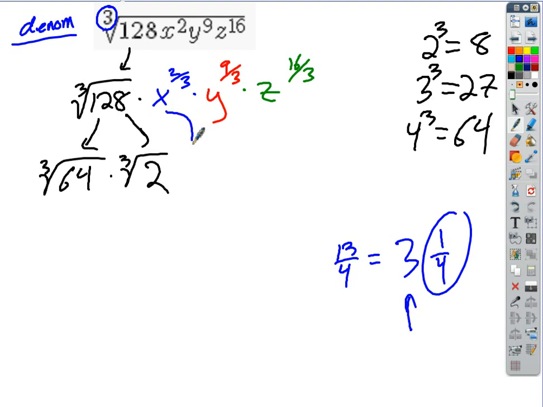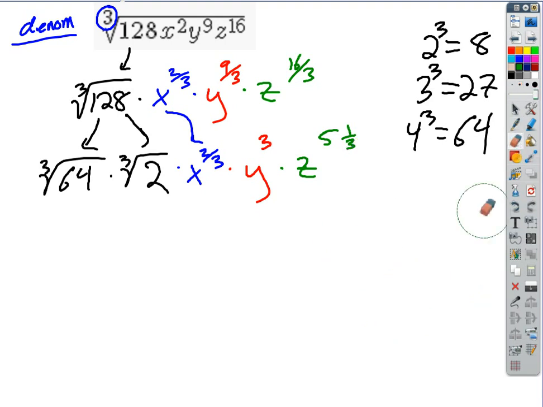So this one stays the same. What about y to the 9/3? 3 goes into 9 3 times evenly, right? So that's just plain old y cubed. What about the z? 3 goes into 16 5 times and 1/3 left over.